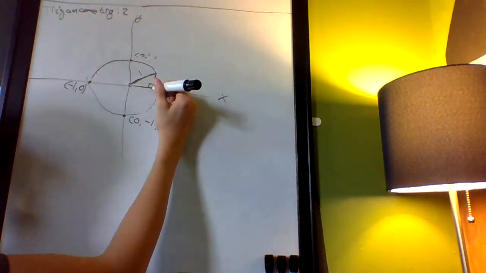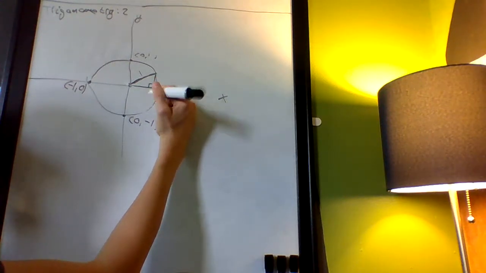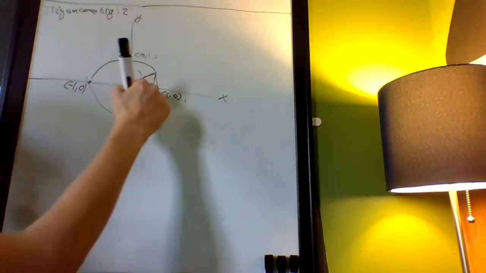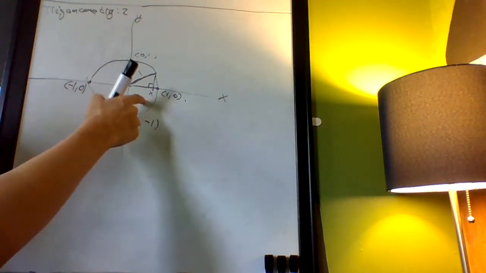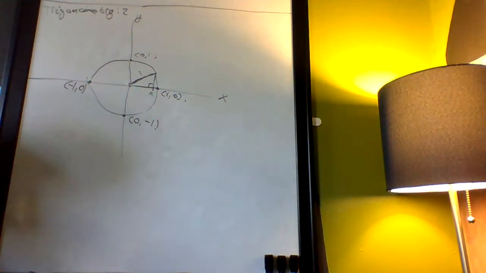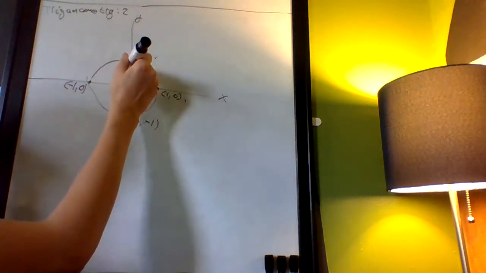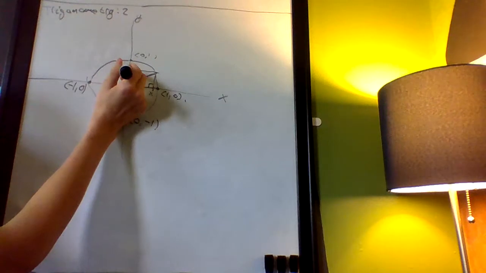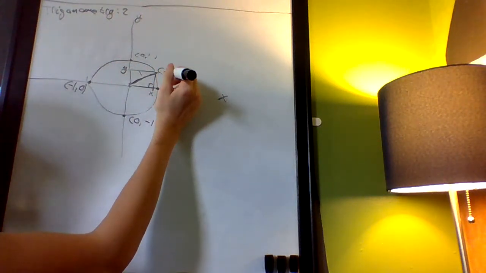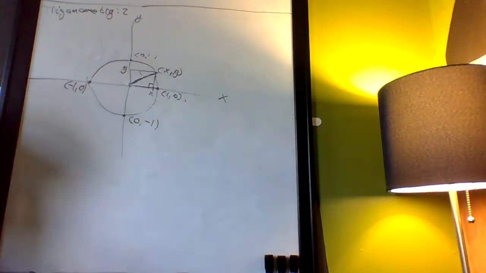This right here is the x, the x coordinate. And this right here is going to be your y coordinate. This right here is going to be the point x, y, right?